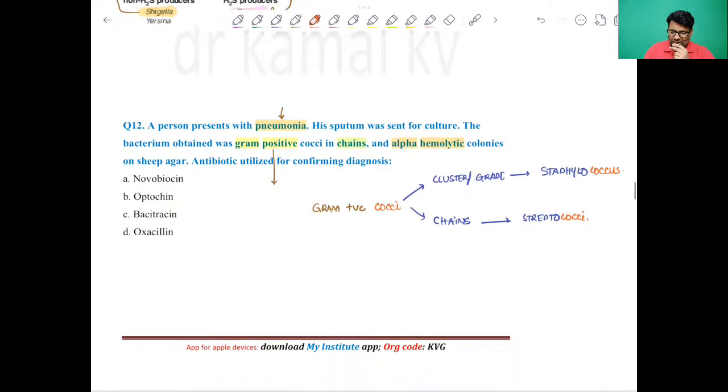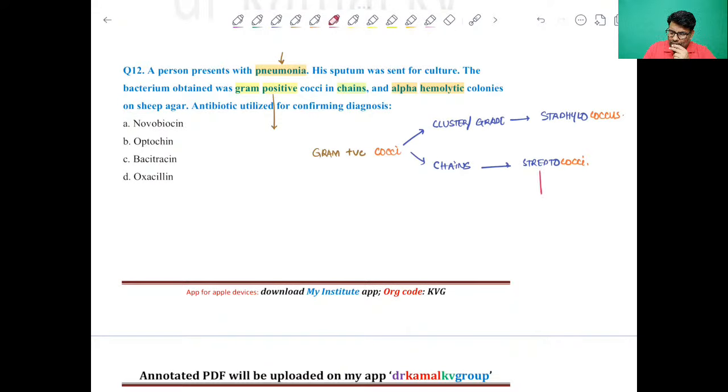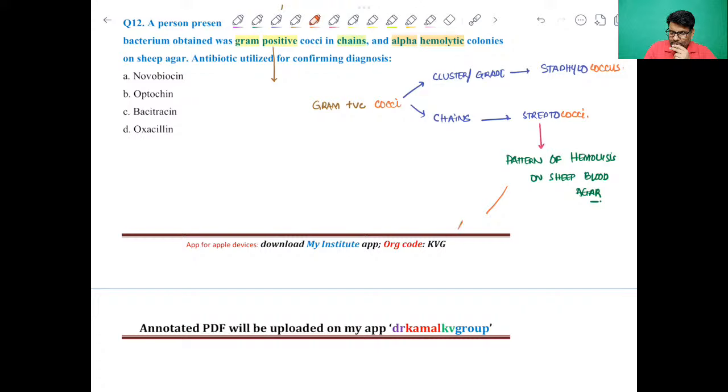Yes, Dr. Kanaya, absolutely right. Now the streptococci are further differentiated based on the pattern of hemolysis on sheep blood agar. So we will check what type of hemolysis they do. It can be alpha, beta, or gamma.